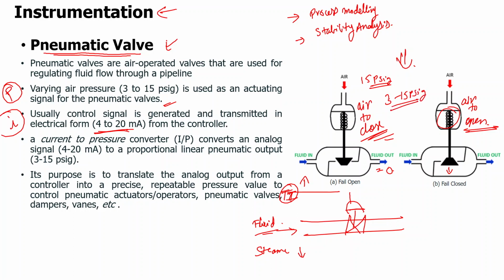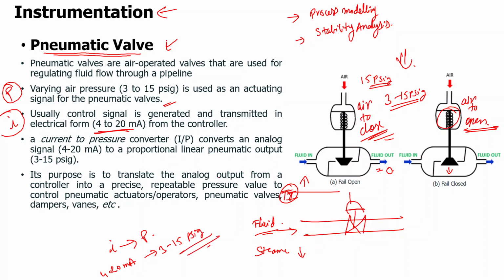And ultimately this signal, the 3 to 15 psig, is transmitted by using this I2P converter. What the I2P converter does is, a current to pressure converter converts an analog signal of 4 to 20 milliampere to a proportional linear pneumatic output. Basically, the I2P converter will convert this 4 to 20 milliampere current into 3 to 15 psig.